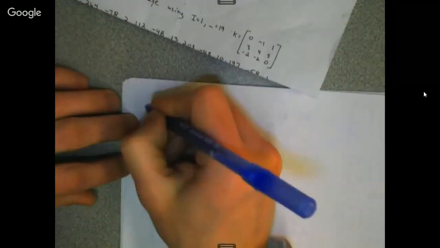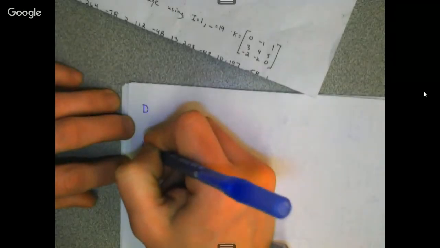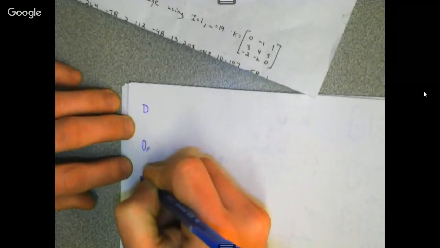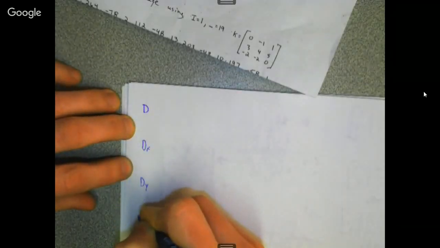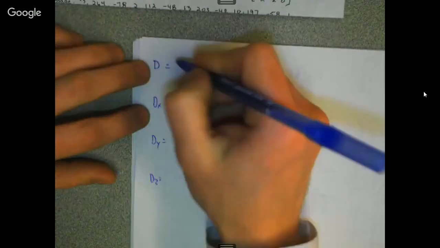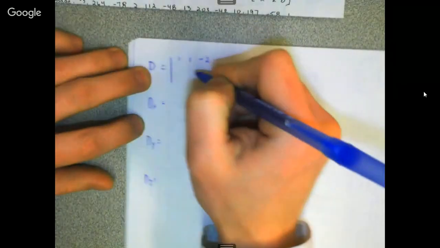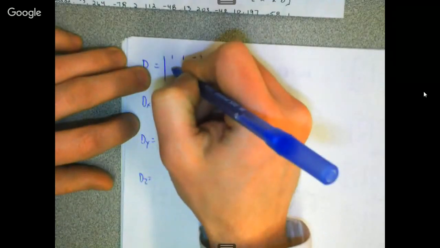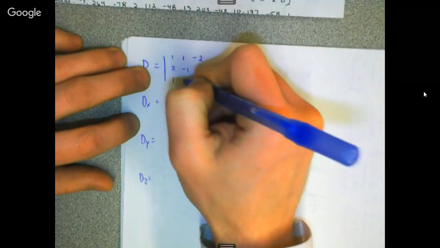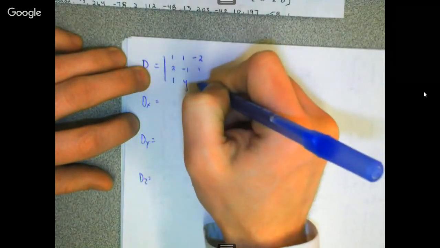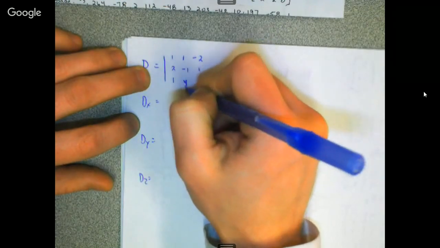So we need d, dx, dy, and dz. Okay, to get d, that's just the determinant of our coefficient matrix. That's a 1.